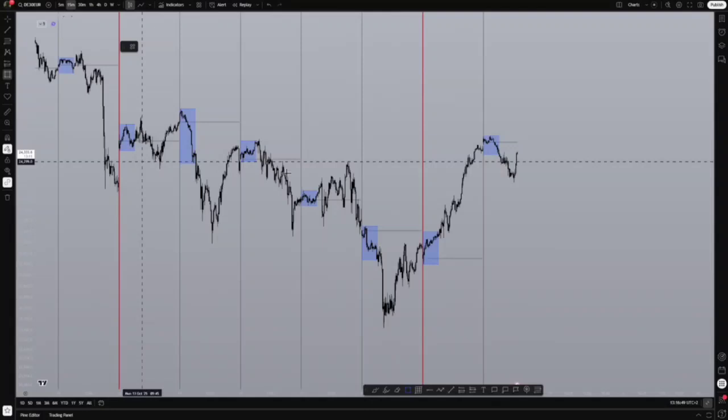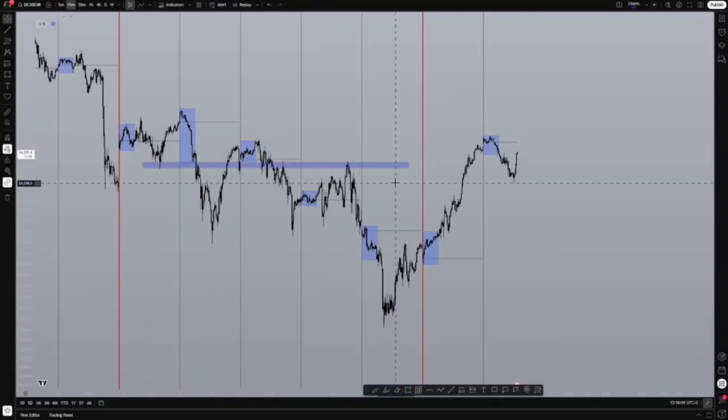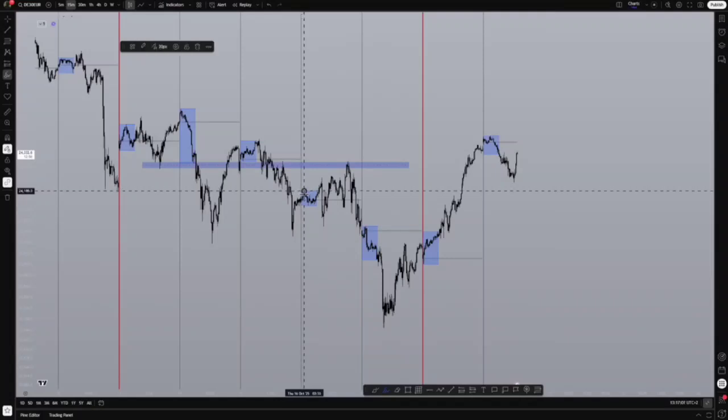As you can see right here, these are support and resistance areas, right? And if we check, during the session, there's always going to be liquidity. And you can see the highs right here as well.